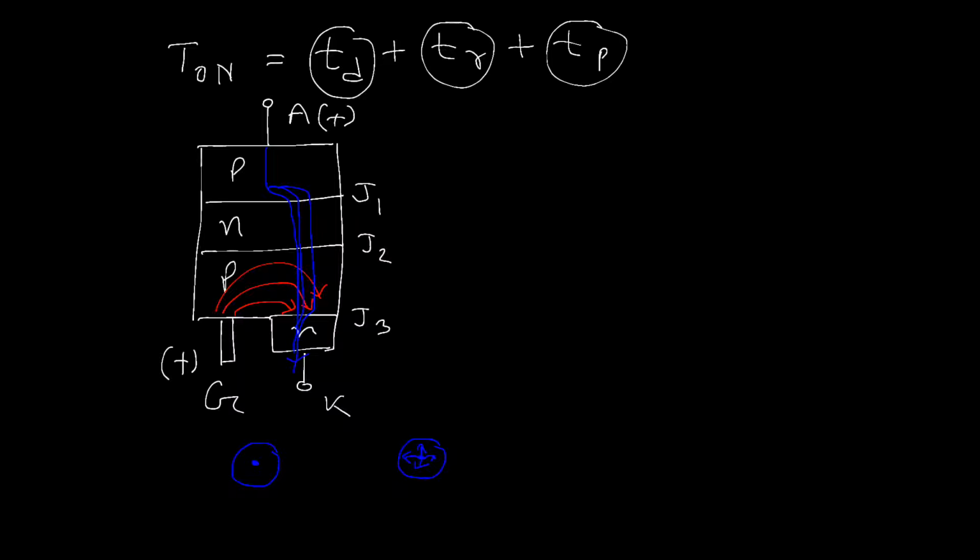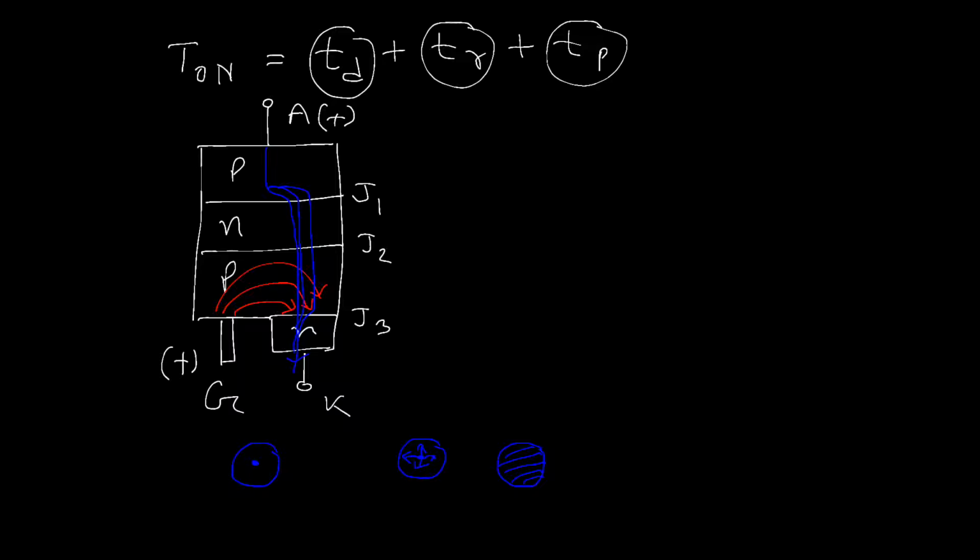So if we consider this is the cross section of the cathode, then the anode current is spread over the entire section of the cathode. Due to which it has taken some time, this is defined by Tp or spread time. And this spreading interval depends on cathode area as well as the gate structure.